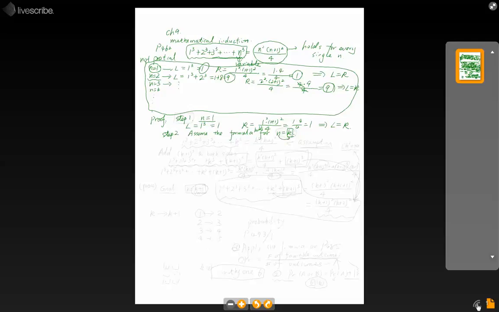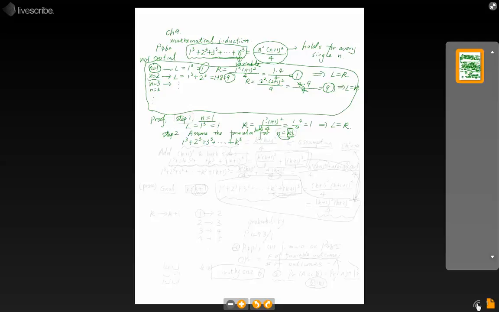Okay, again, the left side follows the pattern. The base goes from 1 to n. In this second step, because n is k, the base goes from 1 to k. So 1 cubed plus 2 cubed plus 3 cubed plus dot dot dot plus k cubed. So the last term we stop at k.